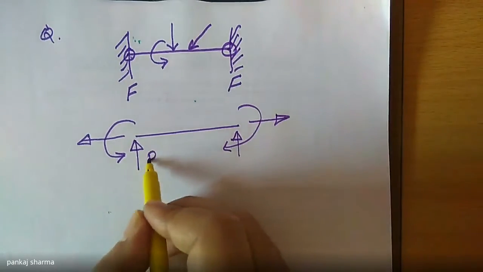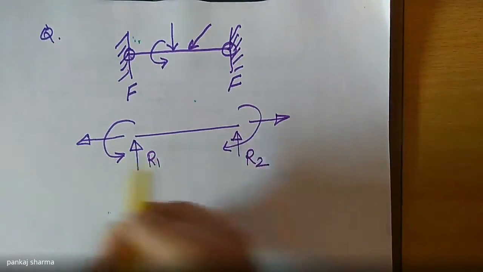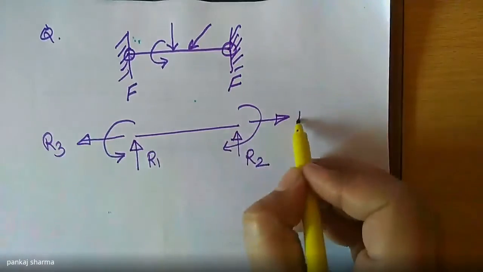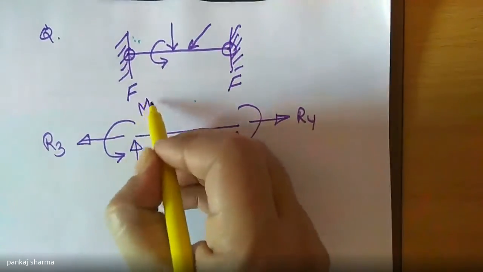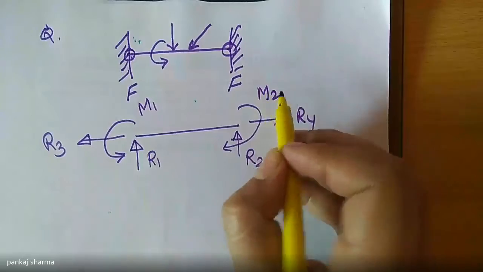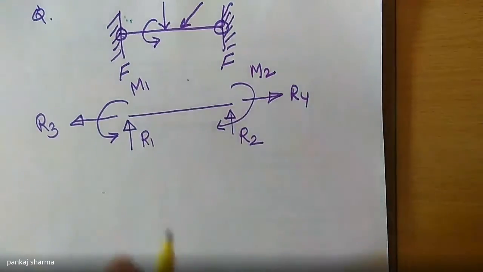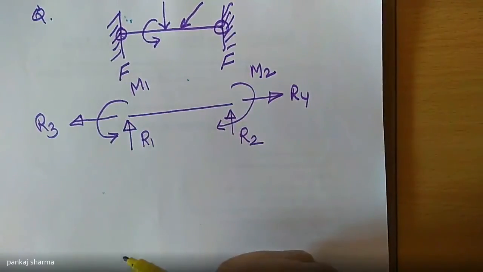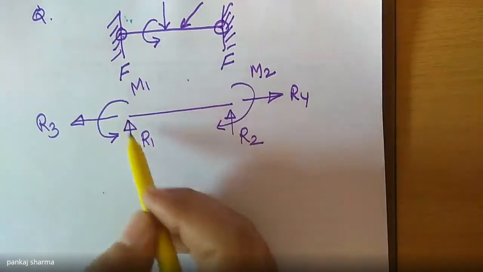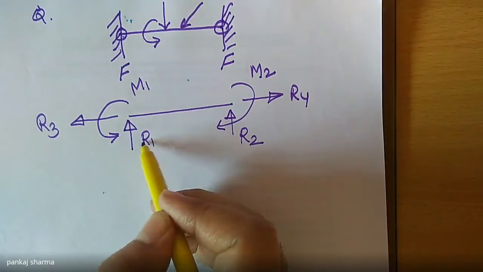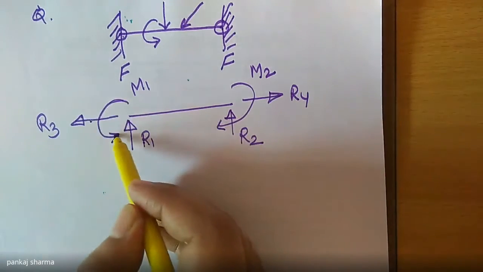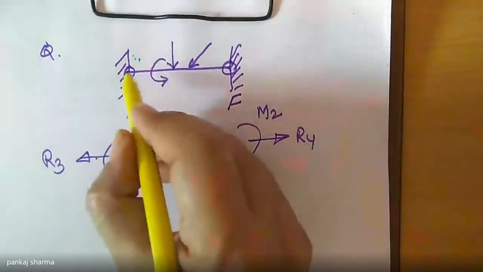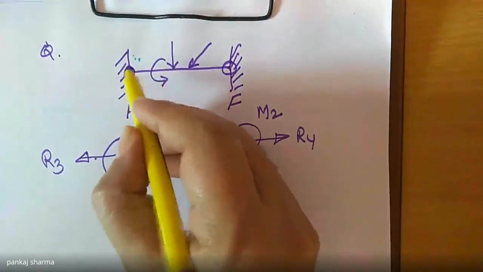So it is R1, R2, R3, R4, M1, M2. So the number of unknowns are R1, R2, R3, R4, R5, R6. These vertical reactions, horizontal reactions and moment reactions are the property of a fixed joint.